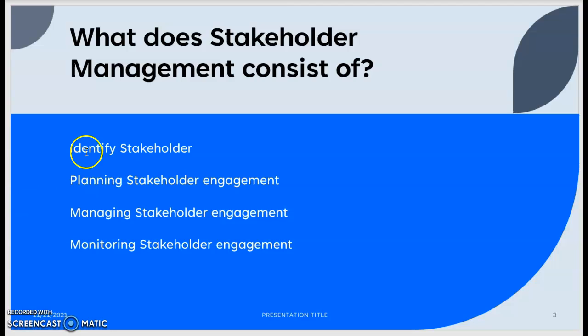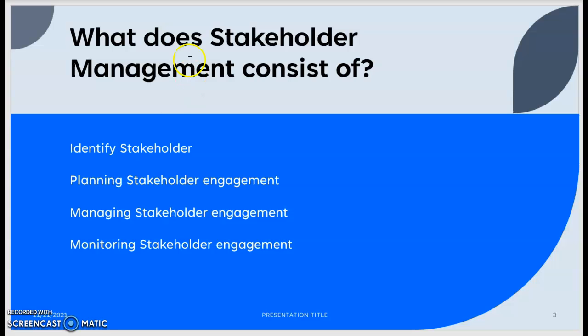Moving on to our next topic, managing stakeholder engagement. Managing stakeholder engagement is important because you want to make sure things are going nice and smooth throughout the project, right? So what are some of the ways you can do this?